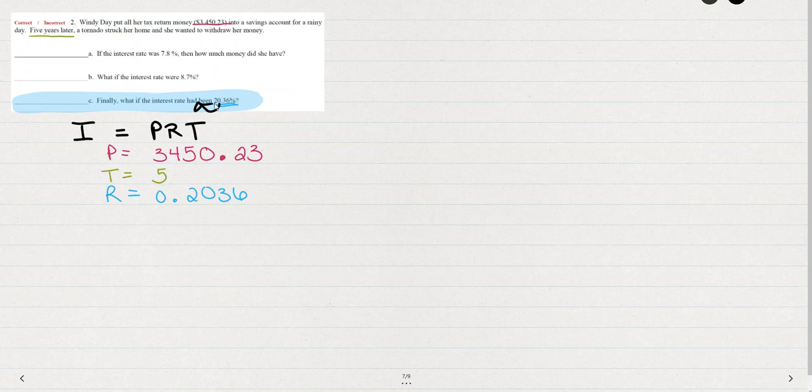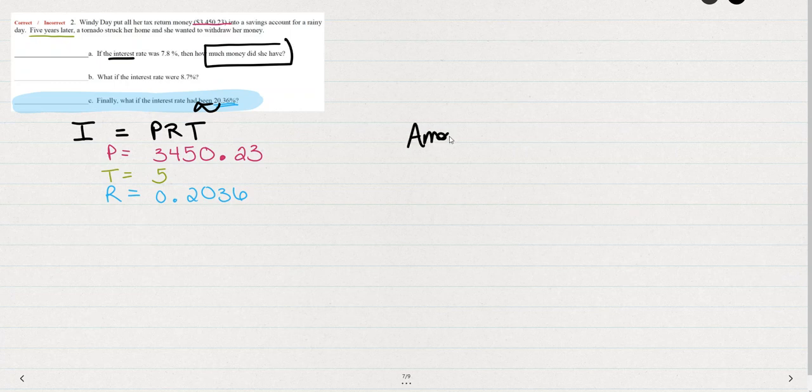If she put all her tax money into a savings account, 5 years later a tornado struck her home, she wanted to withdraw the money. Notice that each of these questions is asking how much money did she have? So these parts that I've worked out tell us the interest amount.